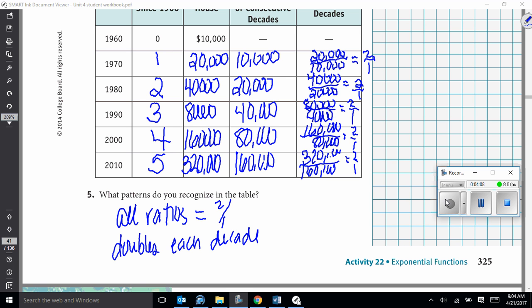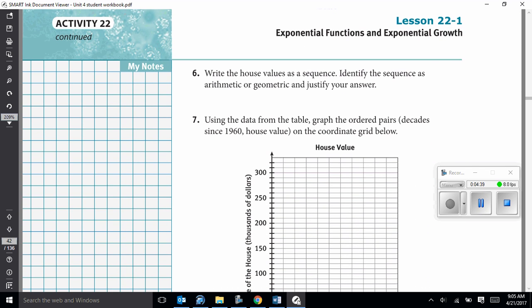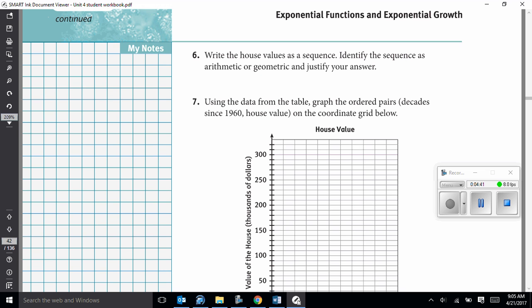When we're looking at the difference, what's happening to the amount? This is changing, right? So if we have 10,000 and then 20,000, 40,000, 80,000, it's the previous amount times 2. So even though it's doubling, is it linear? Because that would create a straight line if we were to graph it. All right, we'll look at that here in just a second.